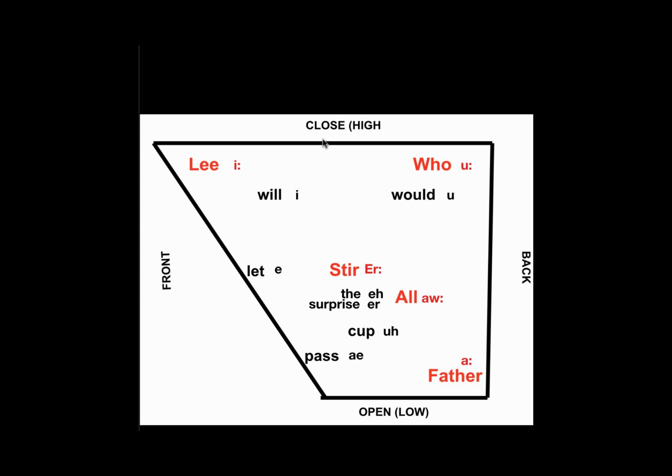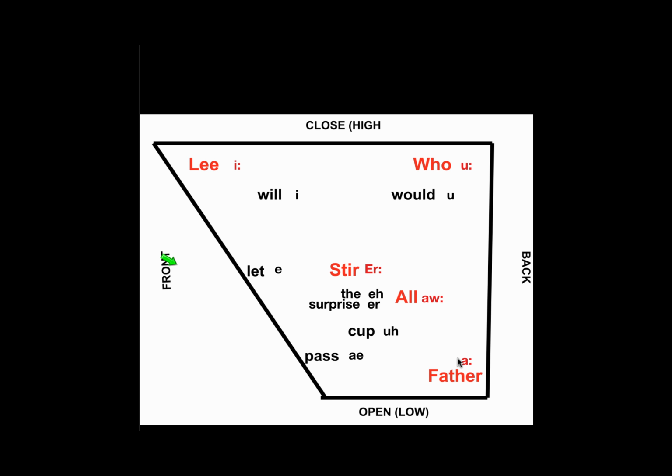So here on the high side we have the closed, or close, and down here we have open. This is essentially the profile of the jaw of the mouth when uttering these sounds. We have E at the highest point, and it's also near the front of the mouth.